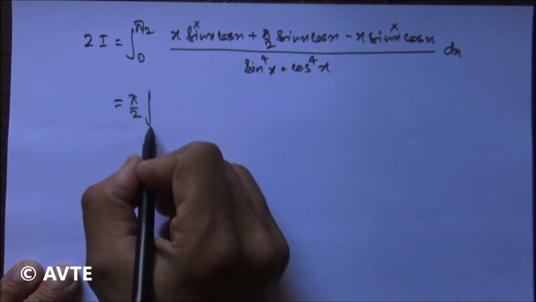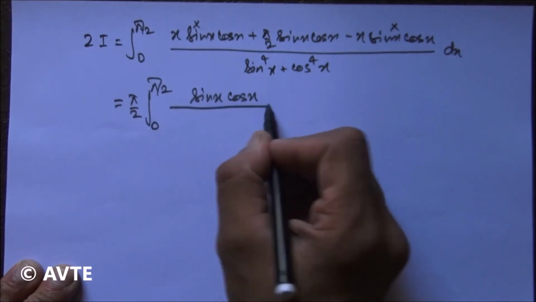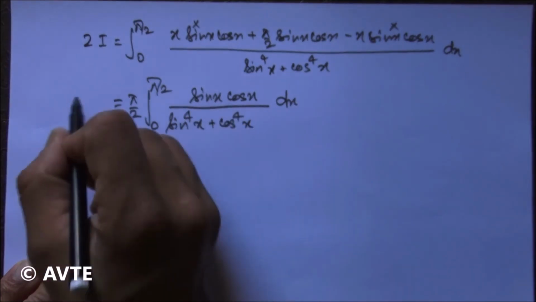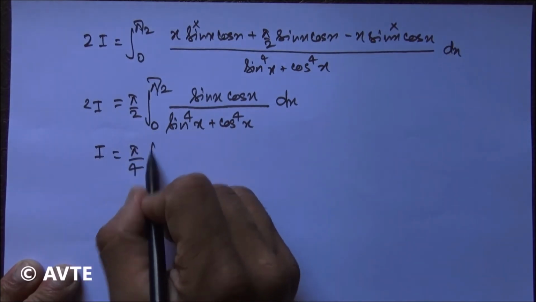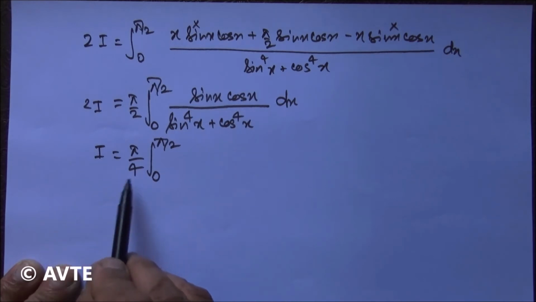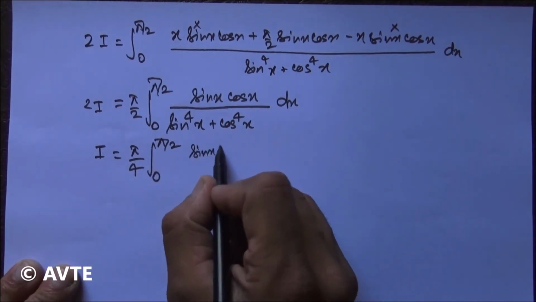So pi by 2 is outside. And this is 2I. And now we can divide. Just see, we have created I, so we have divided by 2. So this is pi by 4, 0 to pi by 2 sine x cos x.